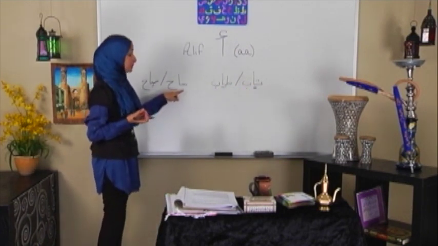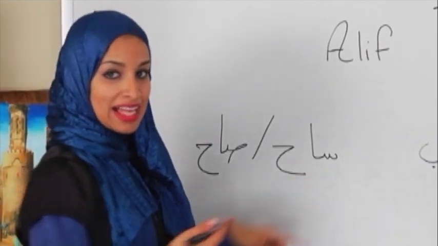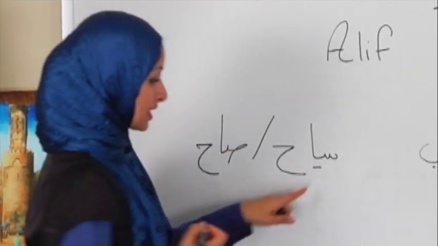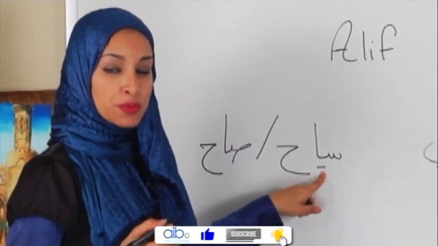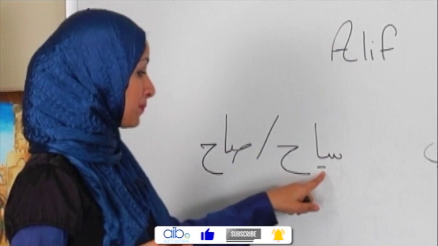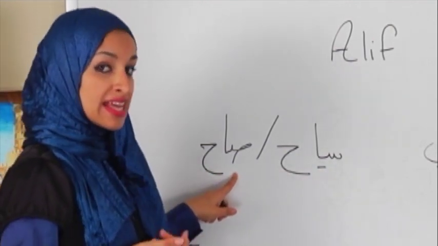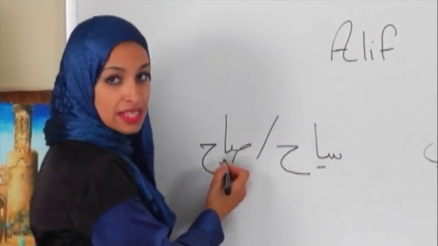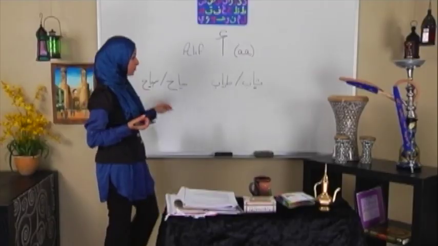In the next tadrib exercise, we have the word saha. Saha has the alif right in the middle, and it's frontal. The alif is pronounced as a, saha. Versus saha. Saha has the alif more deep. It sounds more like the a in father. Saha.